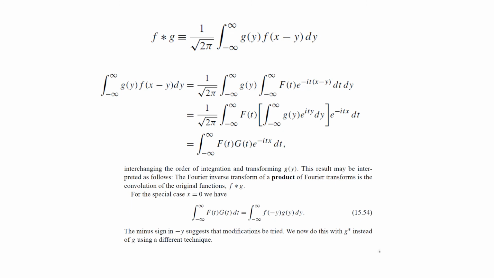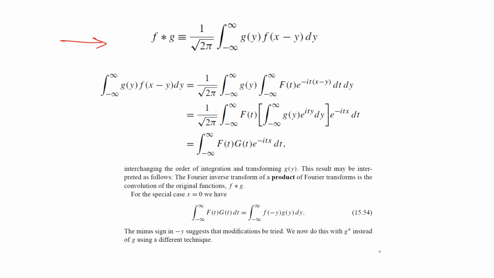Now, let us see the proof for convolution theorem for Fourier transform. We learned that the convolution of two functions, f convolve g, equals 1 over root 2 pi, where 1 over root 2 pi is a normalization factor, integral within the limits minus infinity to plus infinity g of y f of x minus y dy.